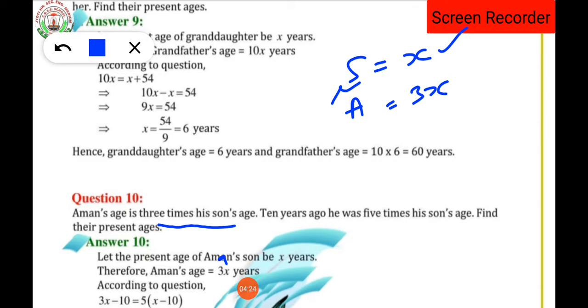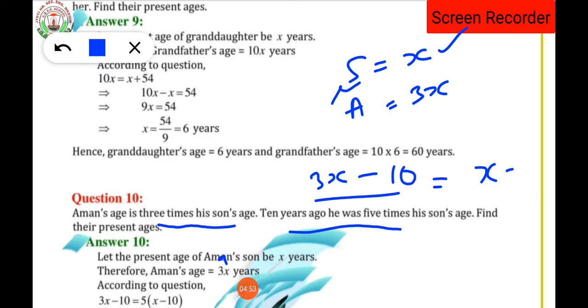Then in the question it is said that 10 years ago he was 5 times his son's age. So 10 years ago, if son's age is x, then the son's age will be x minus 10, and father's age 10 years ago will be 3x minus 10.